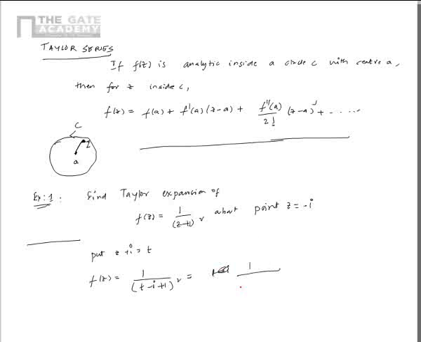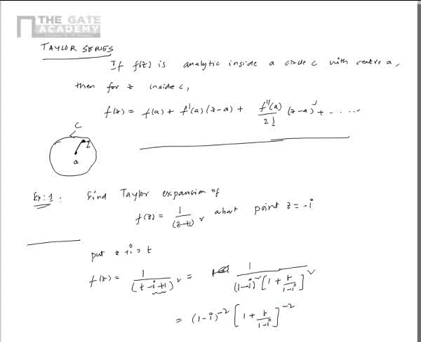Let's take 1 minus i common, so this entire thing becomes (1 minus i) whole square times (1 plus t by 1 minus i) whole square. I can write this as (1 minus i) to the power minus 2 by (1 plus t by (1 minus i)) whole power minus 2.